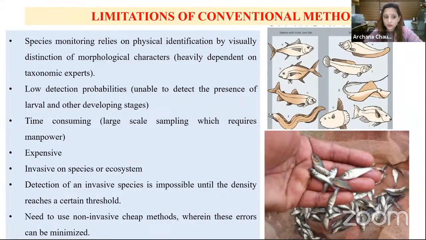Another limitation is that for certain fish species which are in the larval stages or developing stages, the probability of detection is comparatively low. So if the researcher is not able to physically detect the fish at the landing site, then the conclusion would be that the fish is either absent or not present.